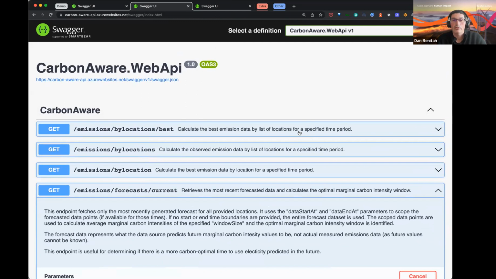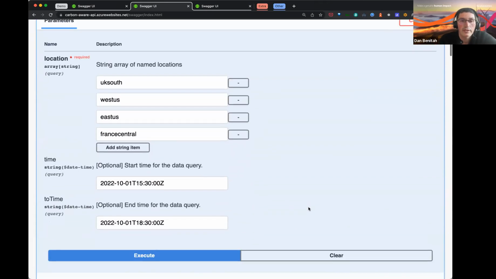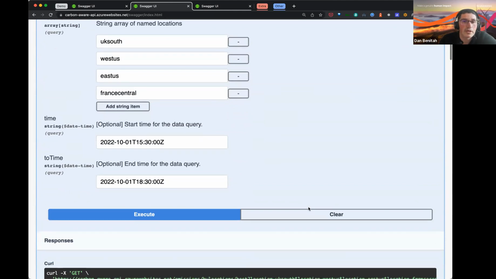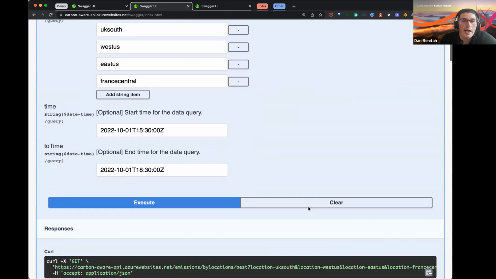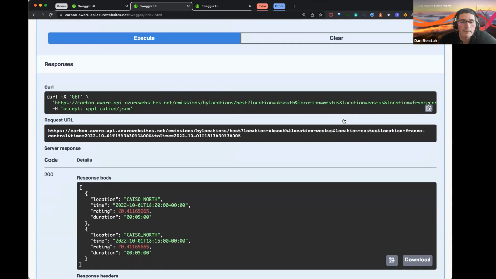And so, just finally, I think I'm probably around time. Another endpoint that you'll probably want to use is assessing what's the best location to send your workload to, and obviously at what time. Actually, this is about the past, but it gives you an idea of what you might want to do.